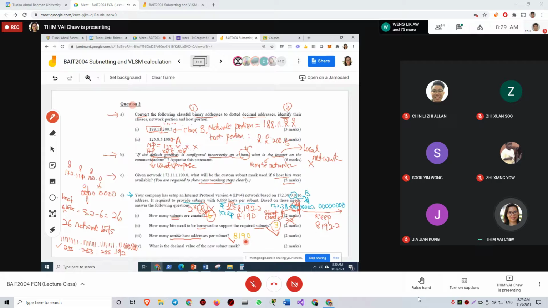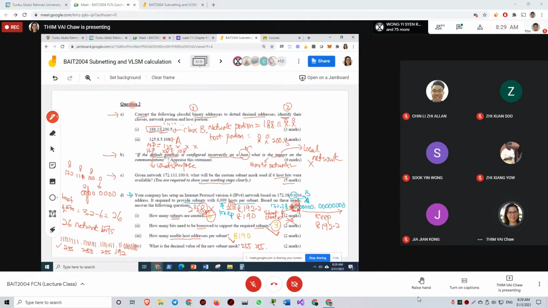So now what is the new subnet mask? I will have 255.255.